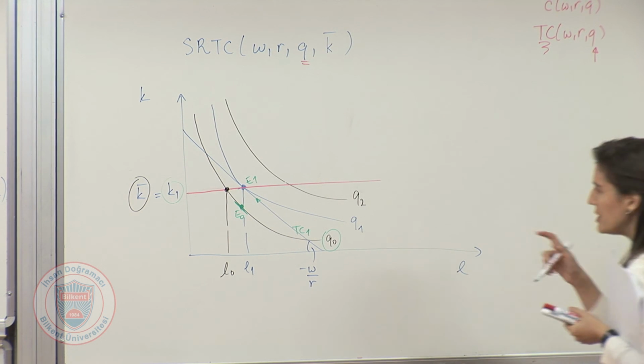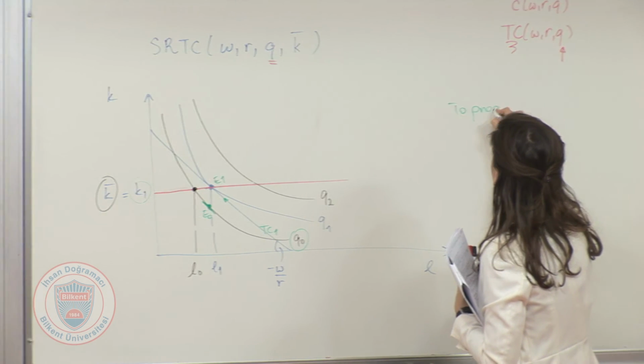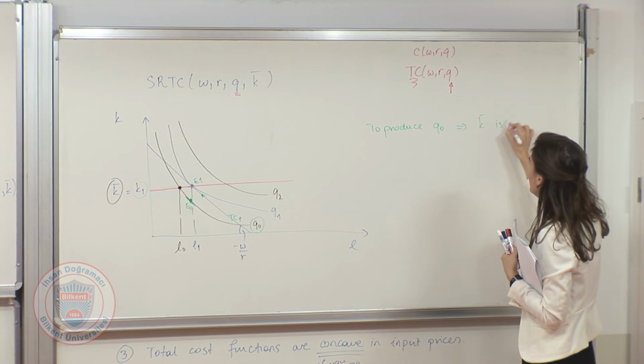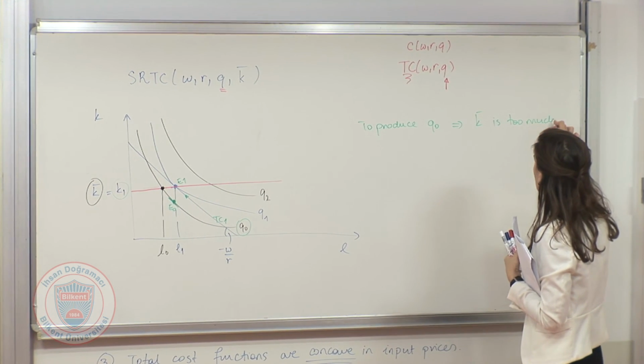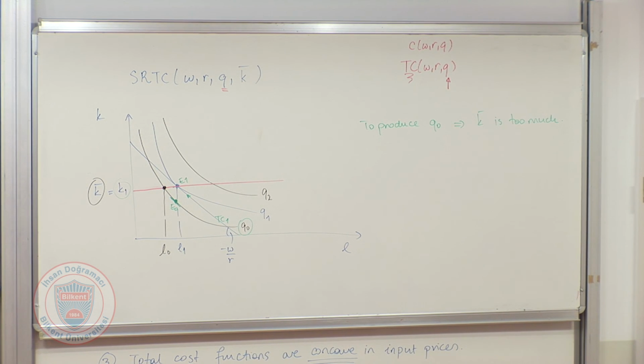So to produce Q0, K bar is too much. Suppose you opened up Tadım Pizza, a pizza place, but you're not producing that many.